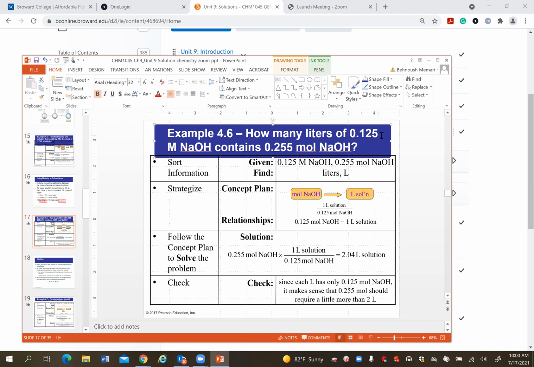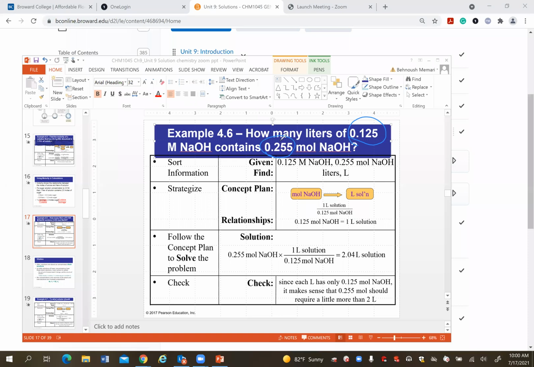What does 0.125 molar mean? It means if you have 1 liter, it's going to contain 0.125 moles.